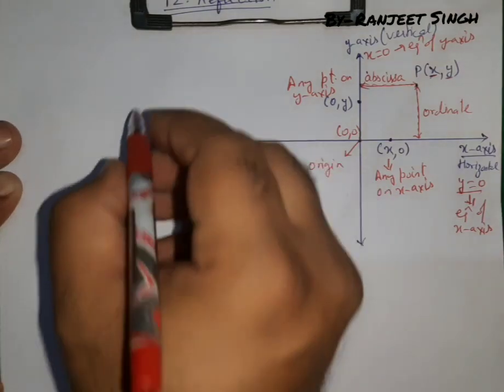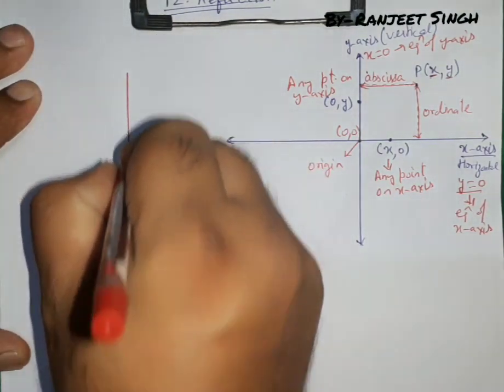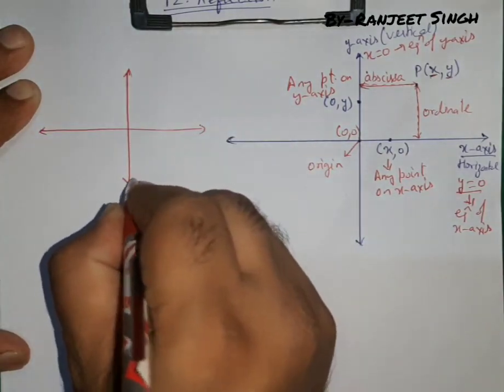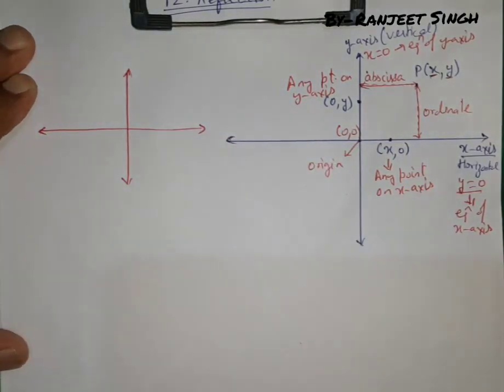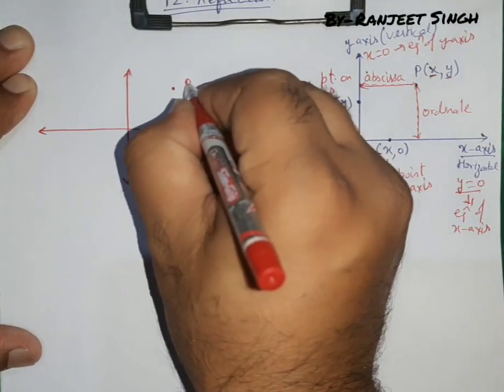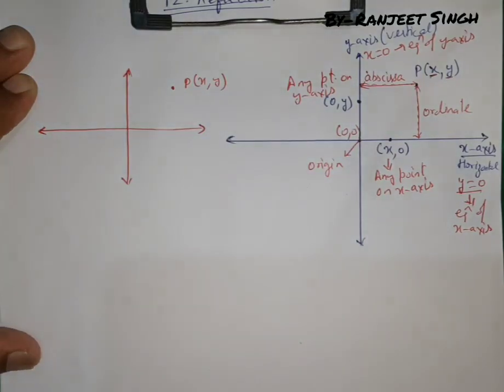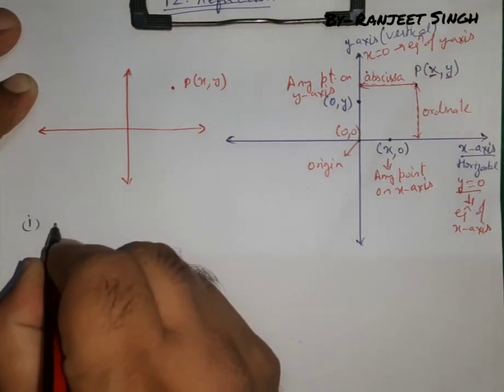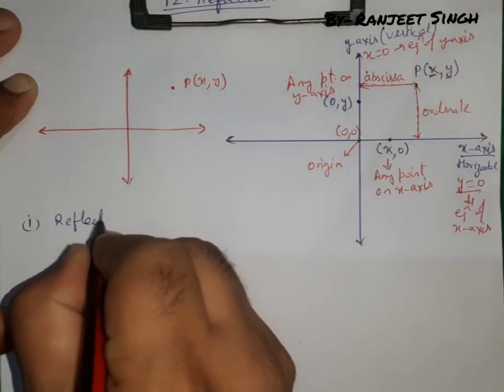Once again I am considering the x-axis and y-axis like this, and let us say I have to reflect this point P(x, y). In the case of reflection, this point P can be reflected in three ways. First we will talk about reflection about the x-axis.